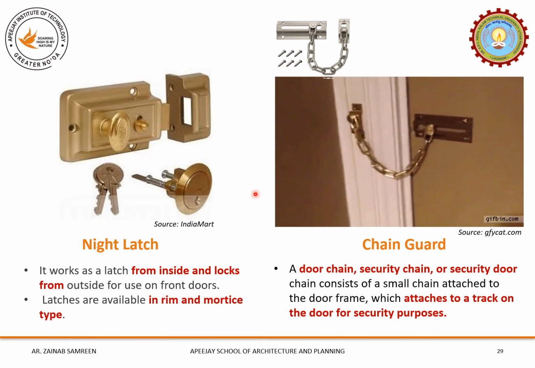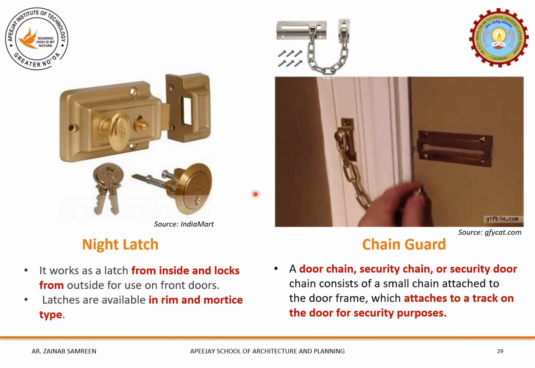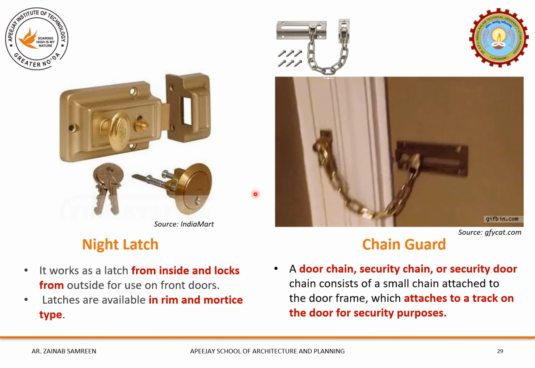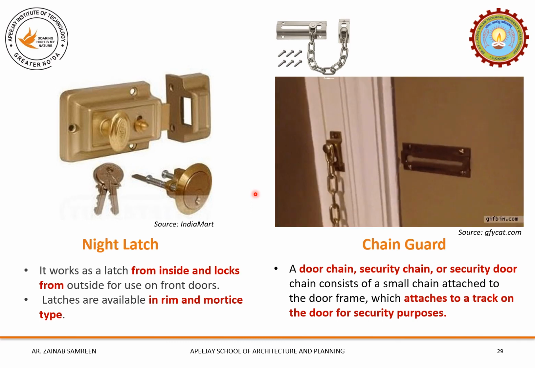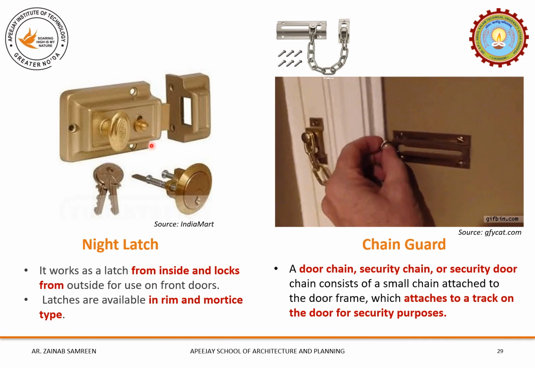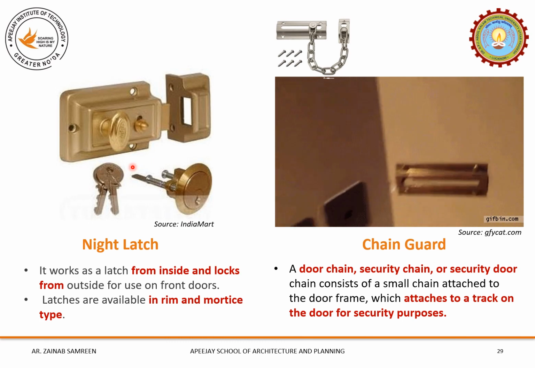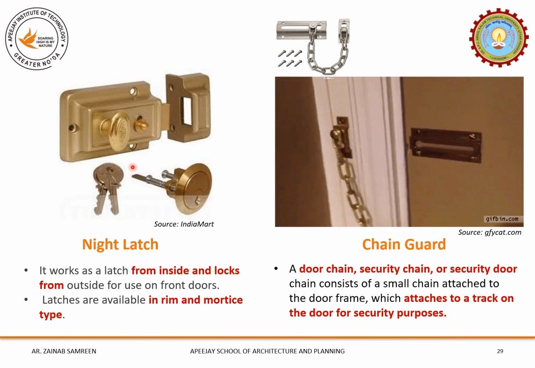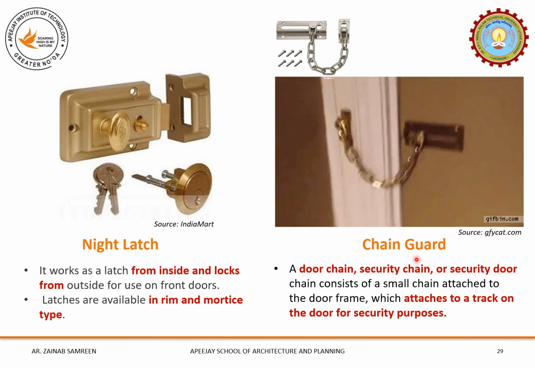The other thing that you can choose for your safety and security is a night latch. It works as a latch from inside and locks from outside for use on front doors. They are available in rim and mortise style. The other one is chain guard.